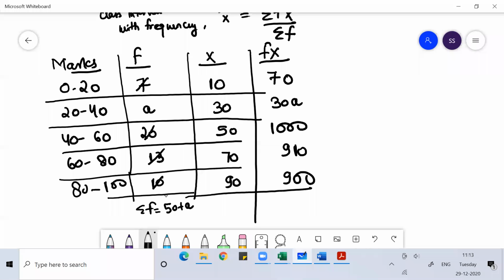Okay, so 1810 plus 70 is 1880, and 1880 plus 1000 is 2880.